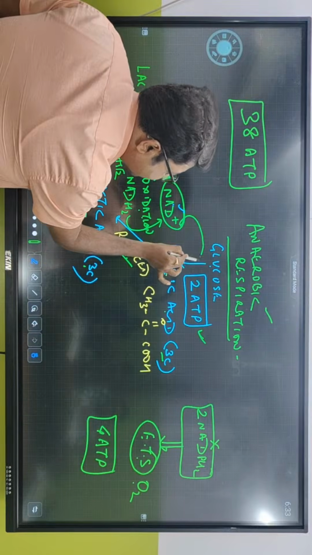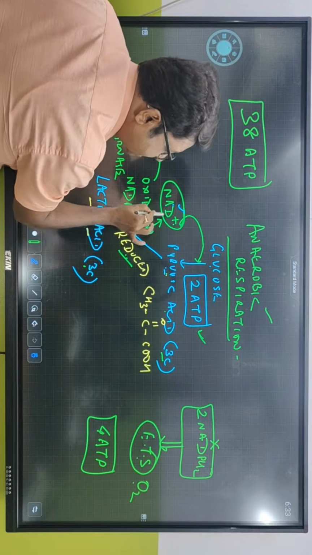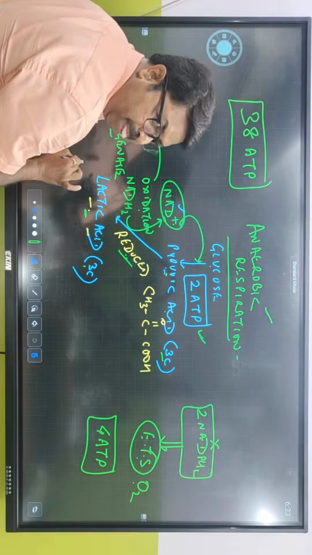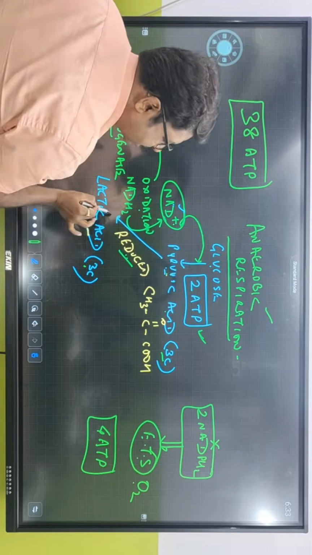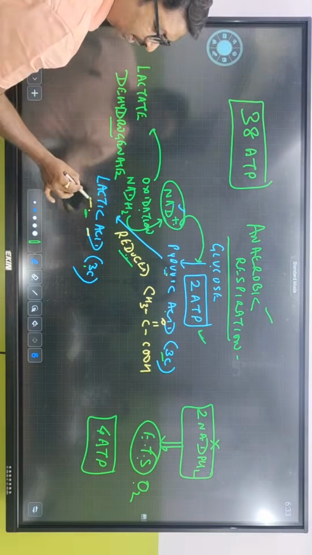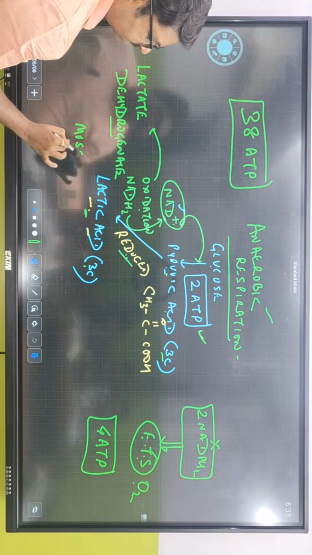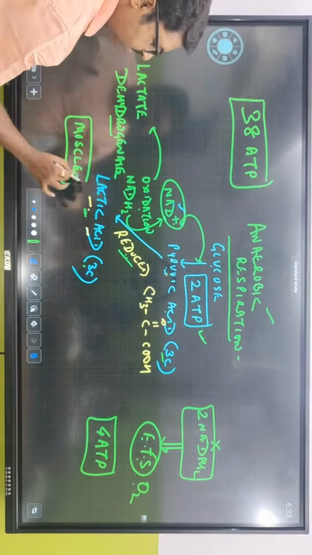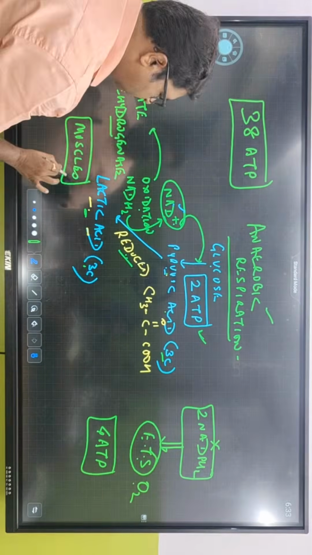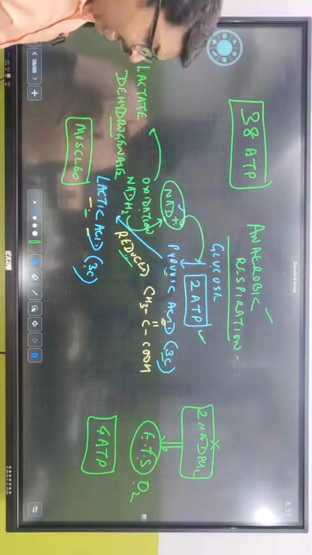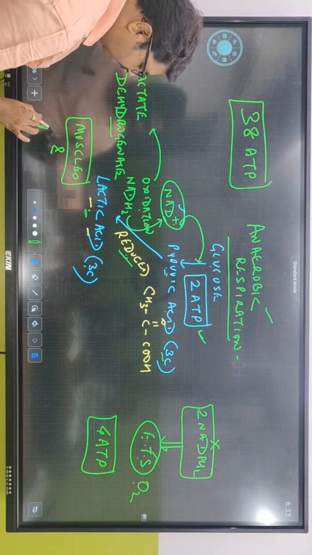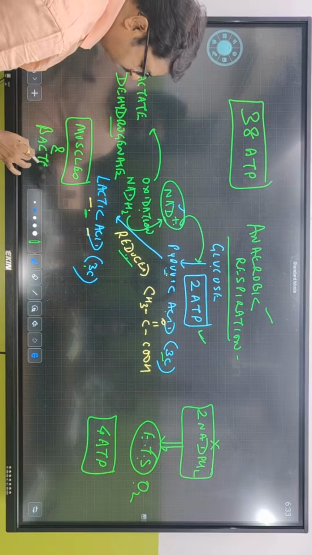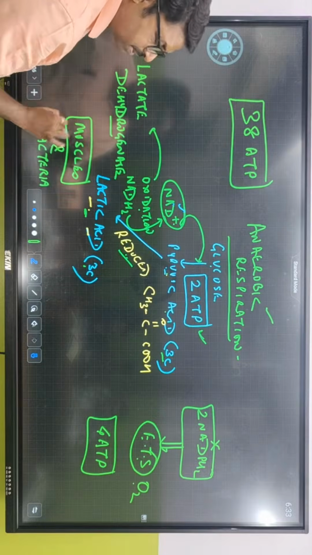For glycolysis to occur, what it needs? NAD plus. In case of anaerobic respiration, lactic acid forms where? Inside muscles. Lactic acid forms by anaerobic respiration inside muscles and in some bacteria, which are prokaryotes. This anaerobic respiration can take place.